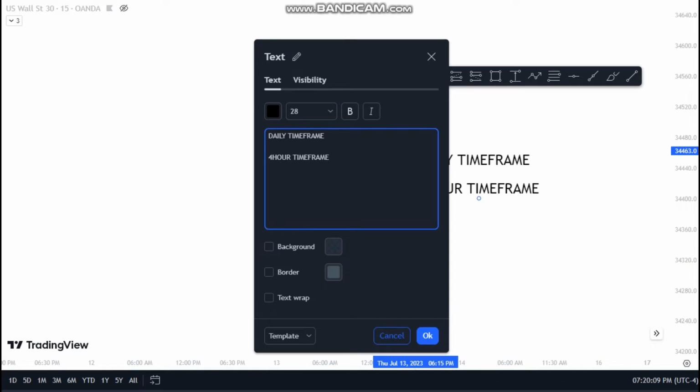The next one is then our secret bank level, which is going to be plotted either on 15 minutes or 30 minutes. But I'll recommend you use 30 minutes. Yes, 30 minutes.